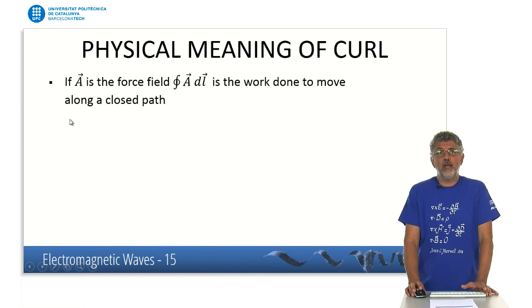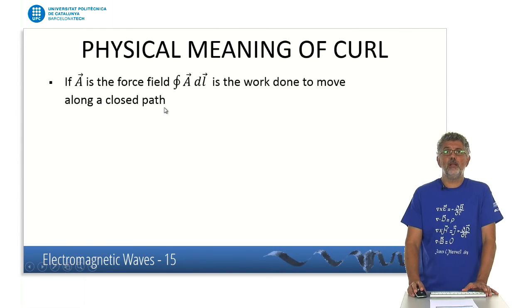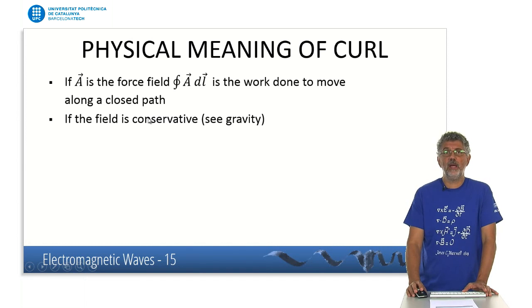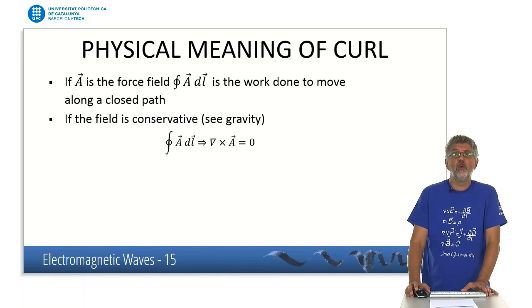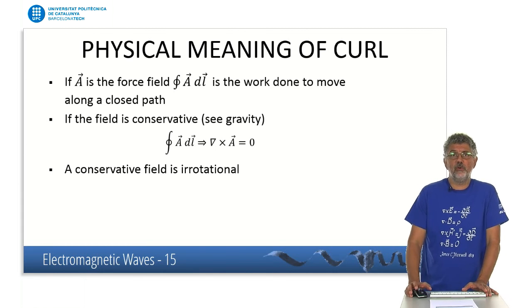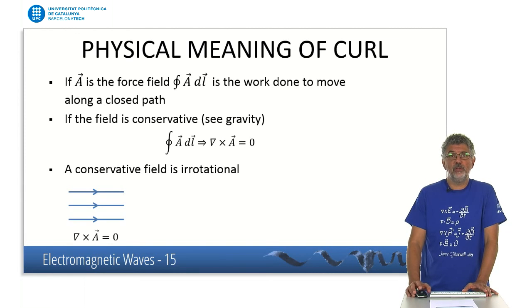So if A is a force field, at the end this integral is just the work done to move along a closed path. And when we have a conservative field, for instance gravity, we know that it should be 0. In that case, we say that the field is irrotational, and any conservative field is always irrotational.